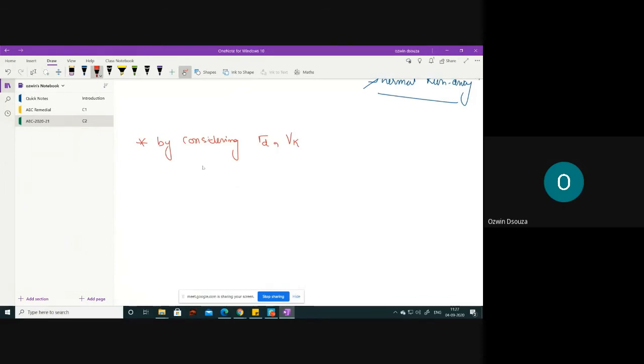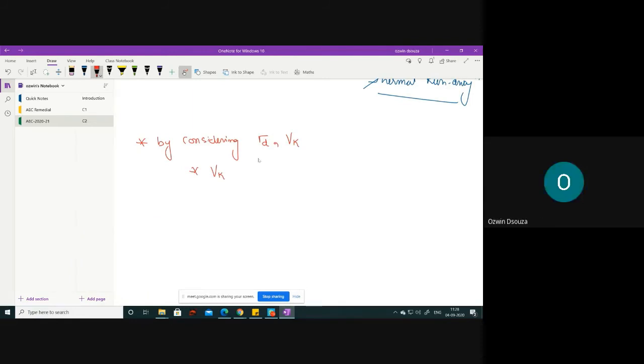Now can anyone tell me the significance of barrier potential? Will the barrier potential help the diode in conduction, or will it oppose the diode conduction? Can anyone tell me? Will oppose, sir. Exactly, opposes. Why?